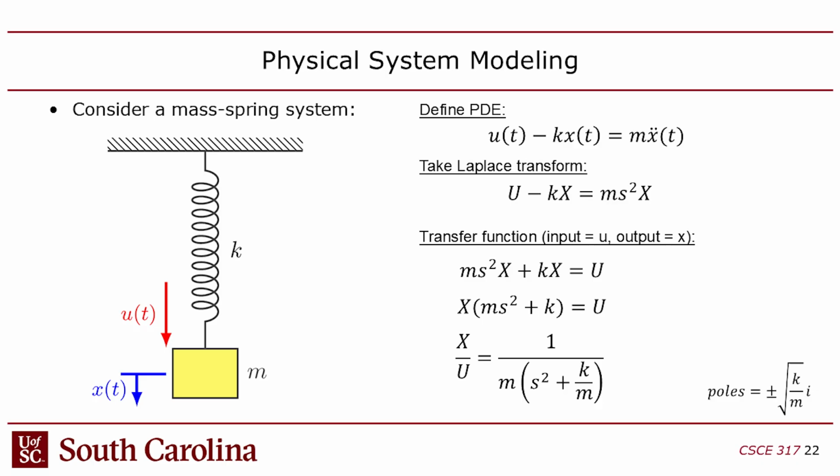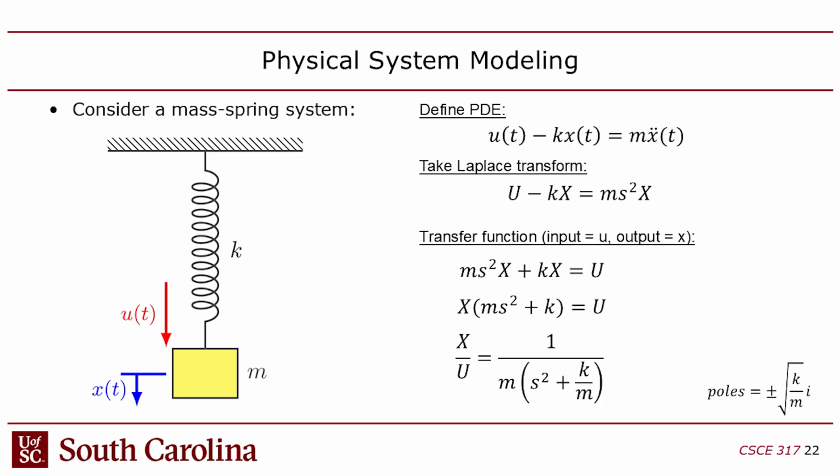So how do we make the denominator 0? Well, basically s squared has to be negative, right? How do you make s squared negative? Well, it's got to be imaginary, right? If you square a negative number, it becomes positive, right?